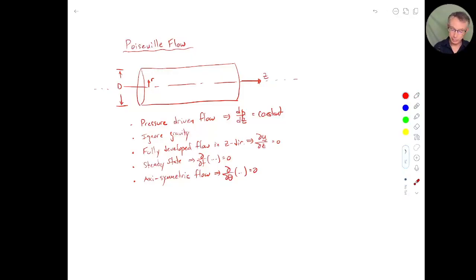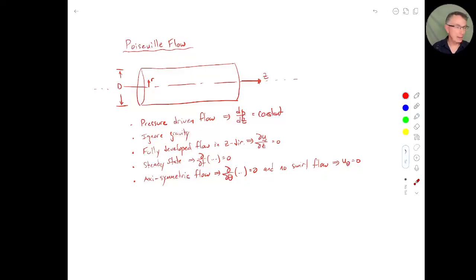The theta direction would be rotations about the axis there. So we don't have to worry about any variability in the theta direction. And we'll say no swirl flow. What I mean by that is that the theta component of the velocity is 0. So we don't have any flow kind of swirling its way down through the pipe. What we'll see is that the flow is all just going straight in the z direction.